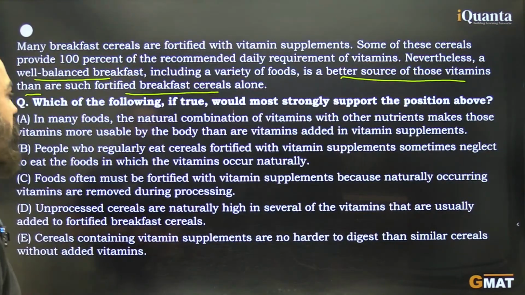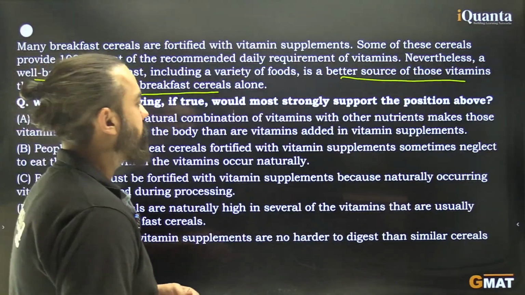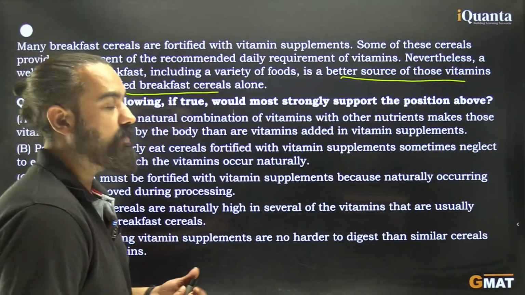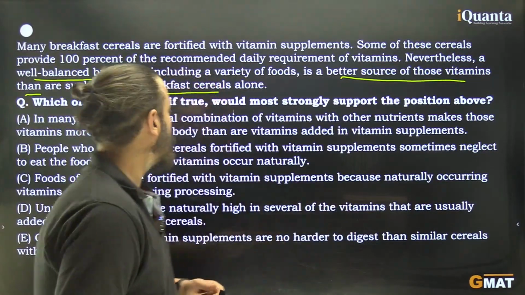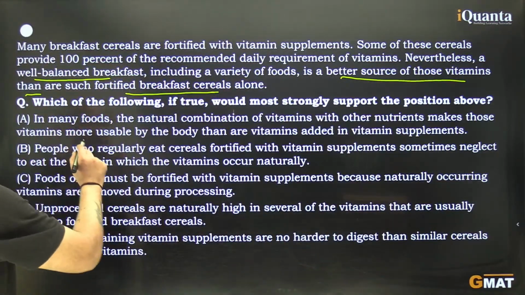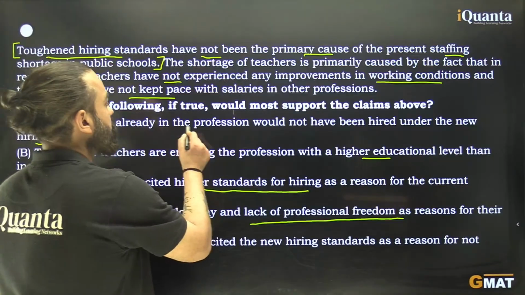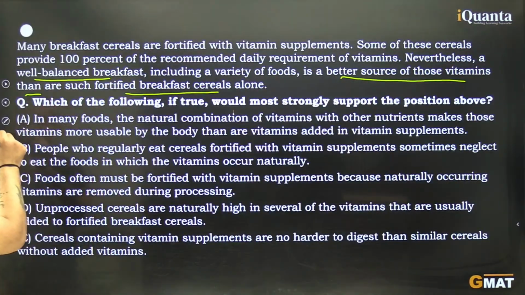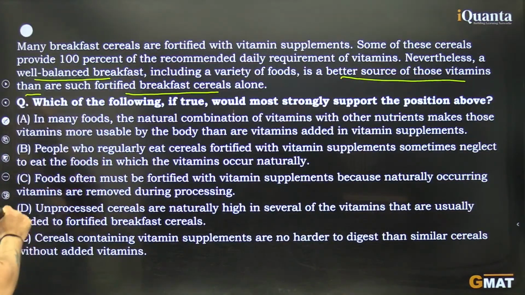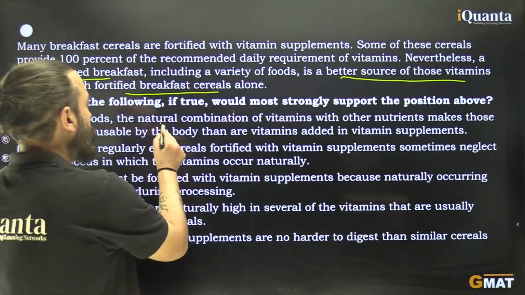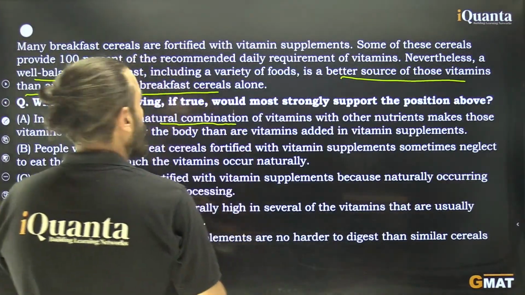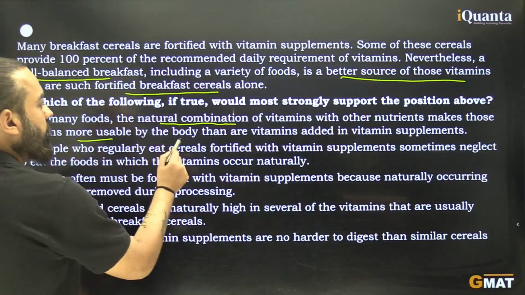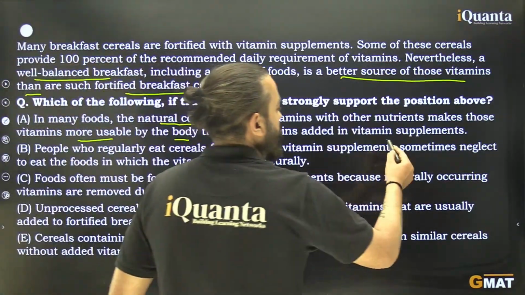A: In many foods, the natural combination of vitamins with other nutrients makes those vitamins more usable by the body than are vitamins added in vitamin supplements. This looks good, yes. It says in many foods, the natural combination of vitamins with other nutrients makes the vitamins more usable by the body than vitamin supplements.